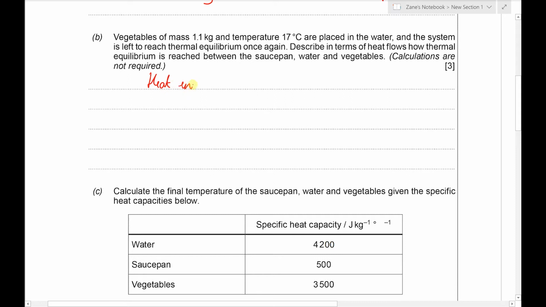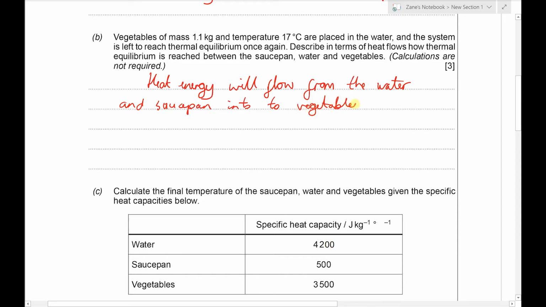So heat energy will flow from the water and saucepan into the vegetables. And that will keep on going until all objects, the water, the saucepan, the vegetables, are at the same temperature.